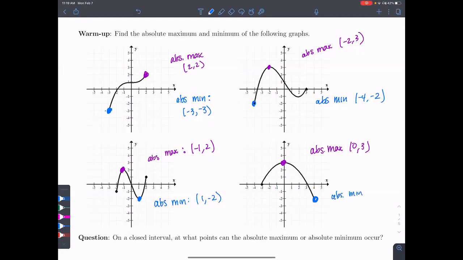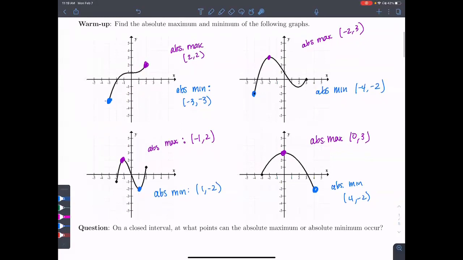So this last graph, it has no local minimum, but it does have this absolute minimum at 4, -2. The first one also doesn't have a local min at all, but it does have this absolute min. This has a local min and this absolute min. This is a local min, but it's also a global one or absolute. Okay. So hopefully that makes some sense.